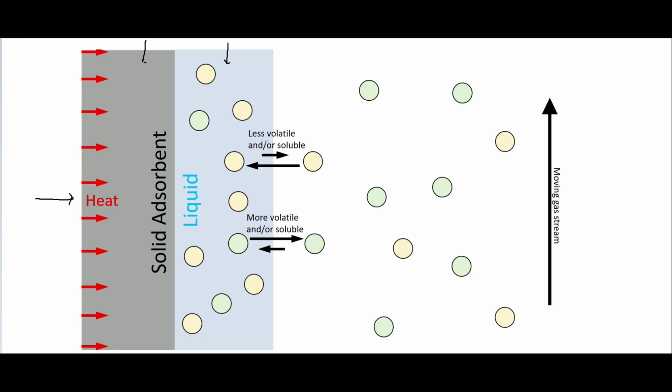So if they are less volatile or more soluble in the liquid, then they will be favored going into the liquid and interacting with the liquid. If they're more volatile and/or less soluble, then they are going to come out of the liquid and stay in the moving gas stream. And so they are going to move faster through the gas stream here, so through our column.